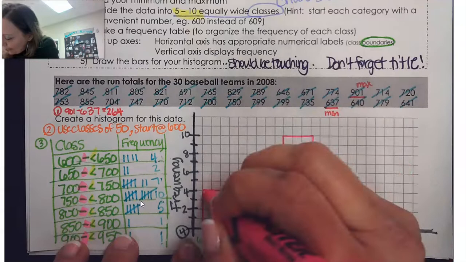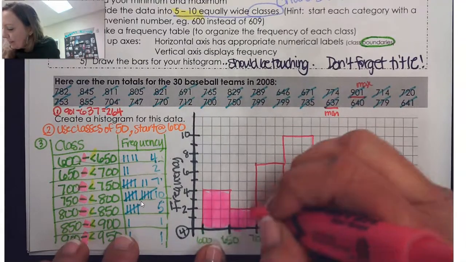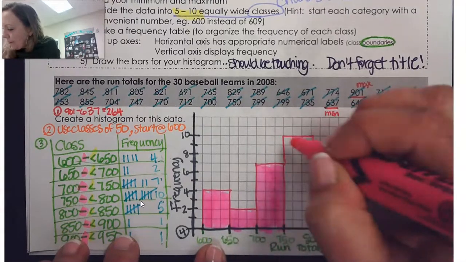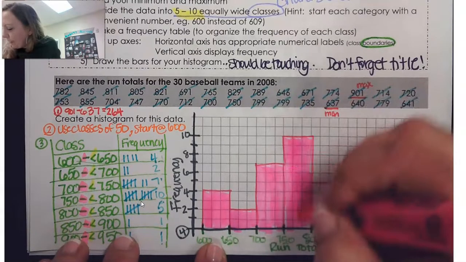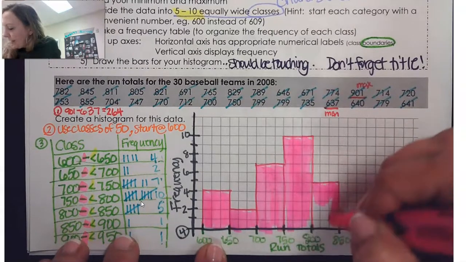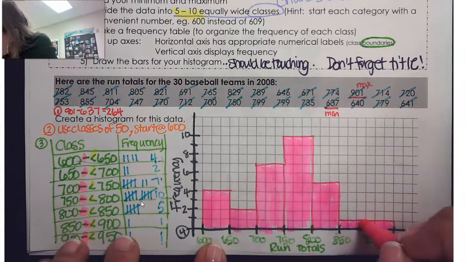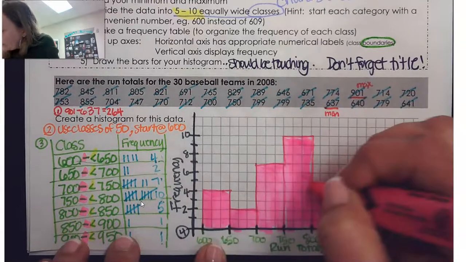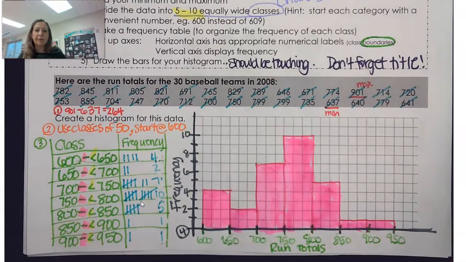So I'm going to shade in the histogram, especially because then later when we're talking about the distribution itself, it differentiates it from the background. Okay, so we're filling these up. Okay, and that's what our histogram looks like.